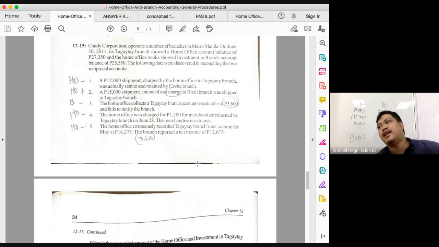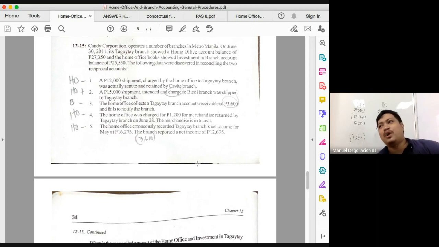What's the effect of that entry? It will increase the reciprocal account. Was it correct to increase the reciprocal account? Yes, but it should have been increased only for 12,675. What did the home office actually do? It increased it by 16,275. So what would be the status of the investment in branch account? Overstated.